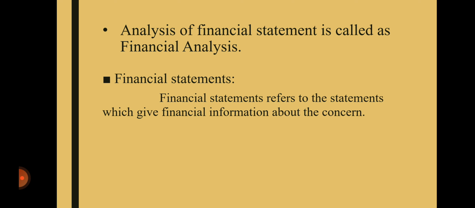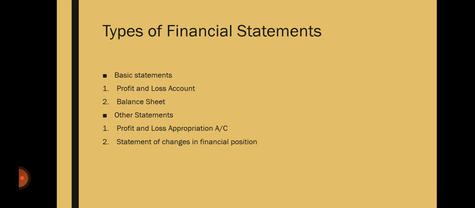This financial statement is prepared to find out the financial position of the firm at the end of the financial year. That is, how much liabilities the firm has, and to repay those liabilities, how many assets the firm has. We get this information with the help of the balance sheet. And in other statements, we have the profit and loss appropriation account and the statement of changes in financial position.